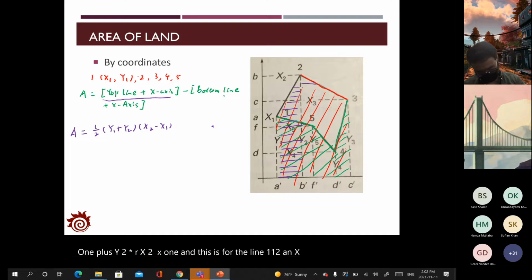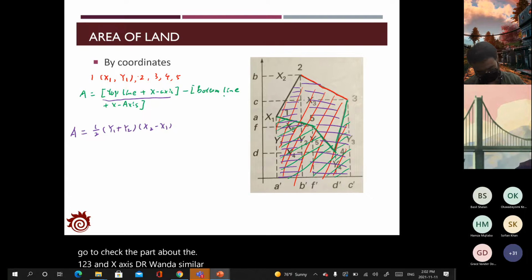You can also check the part about the line 2 to 3 and the x-axis. It is similar. So what you will observe is 1/2 of y2 plus y3 times x3 minus x2.